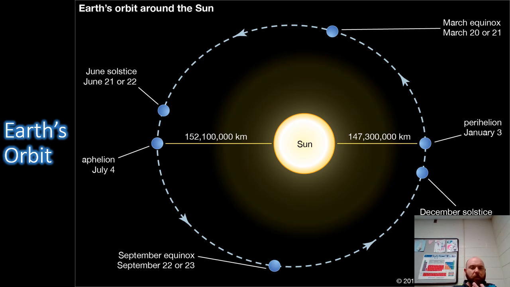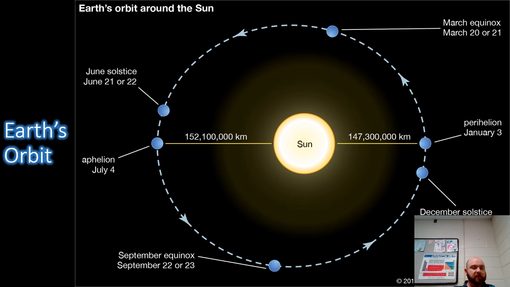And so I want you to notice a few spots on this chart. You'll see that we have this point here labeled the aphelion. The aphelion, which happens on July 4th, incidentally, is the day that Earth is furthest from the sun.